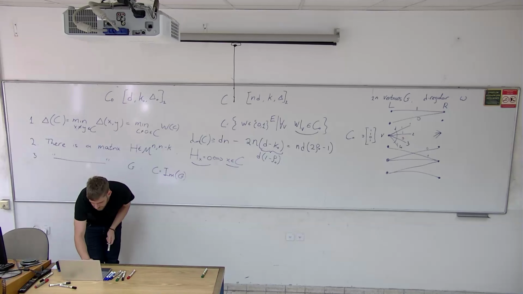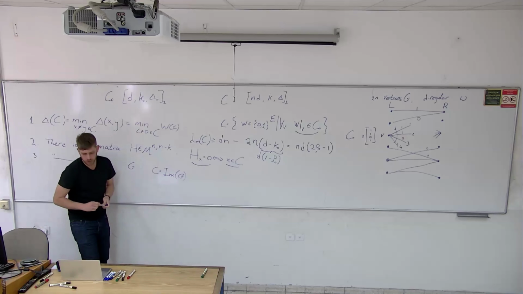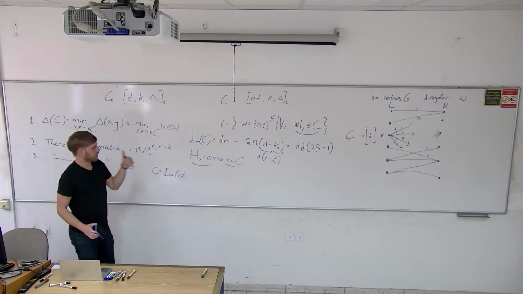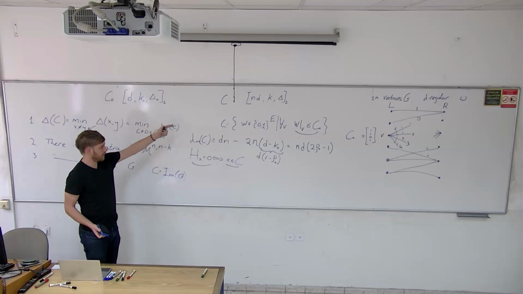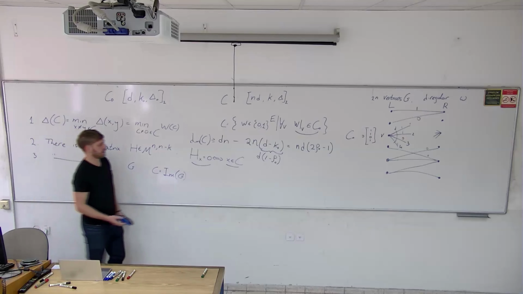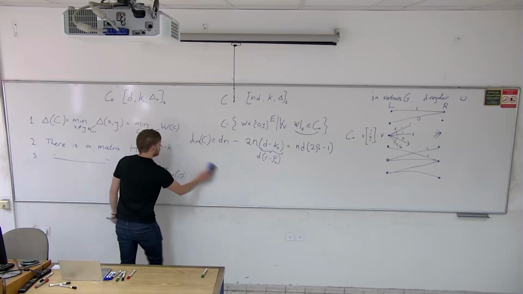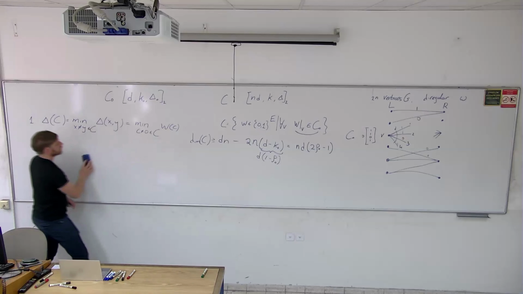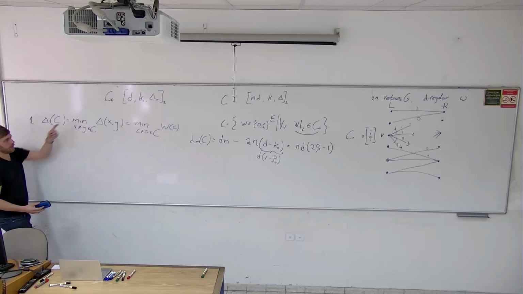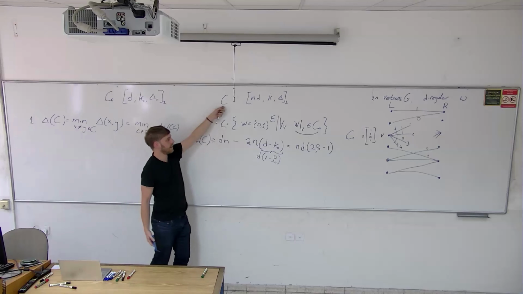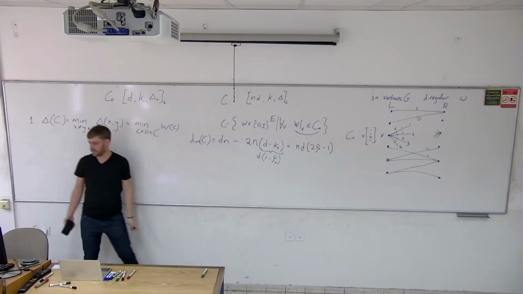Okay, let's see. What we need to do is to compute the distance of the new code, and to show a decoding algorithm. Let's start with the distance. I didn't say why this is a linear code, but it should be clear.